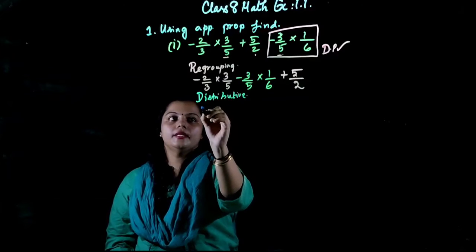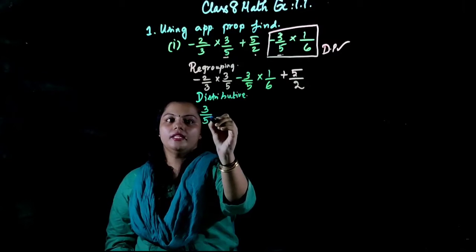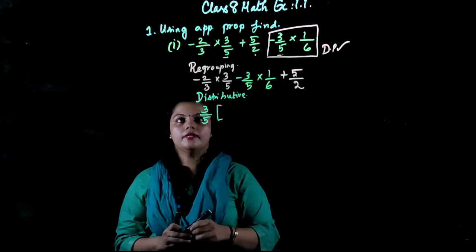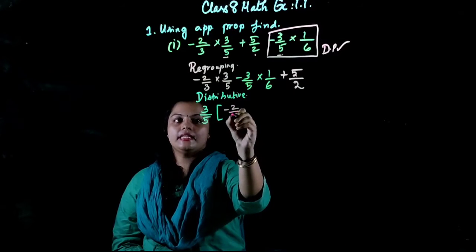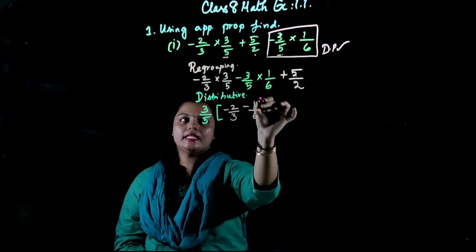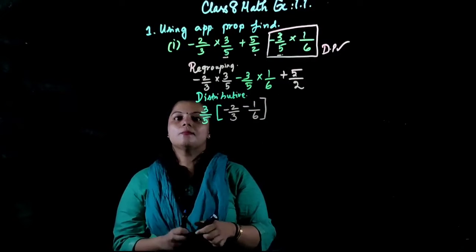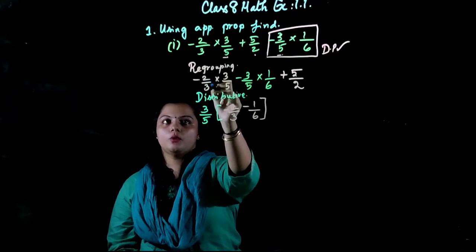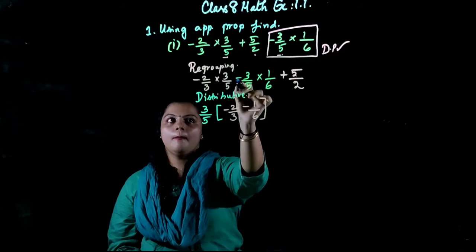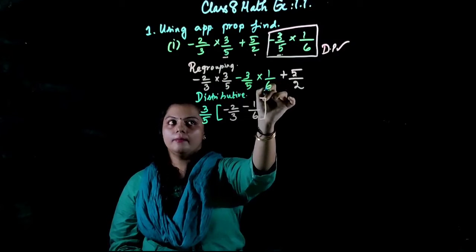So this could be written as 3 by 5 taken outside, and inside you will be having these two numbers, minus 2 by 3, and over here I would write this as minus 1 by 6. So here I have an expanded form of my distributive property, which is nothing but minus 2 by 3 into 3 by 5 minus 3 by 5 into 1 by 6.